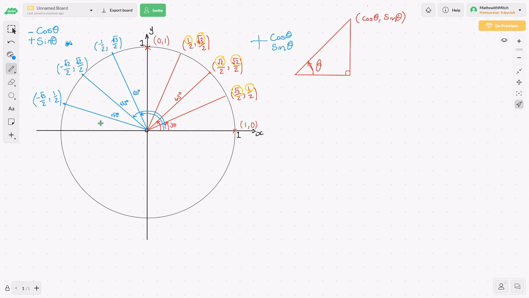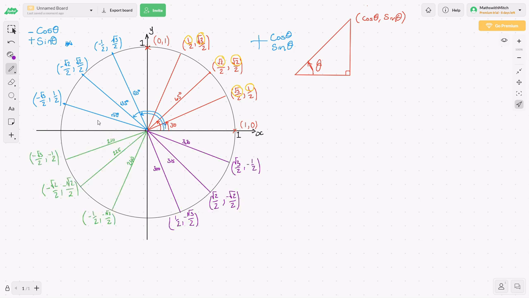And we can repeat that exercise again looking at the other two quadrants. So once we've done that for the other two quadrants, it should look like this. And the thing to think about here is, where are we in terms of positive and negative? So in this bottom left, where we've drawn in green, we are below the x-axis, so vertically we are negative, and we are to the left of the y-axis, so we're also negative in terms of the horizontal.